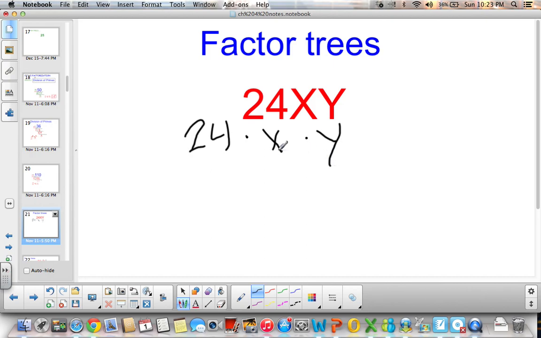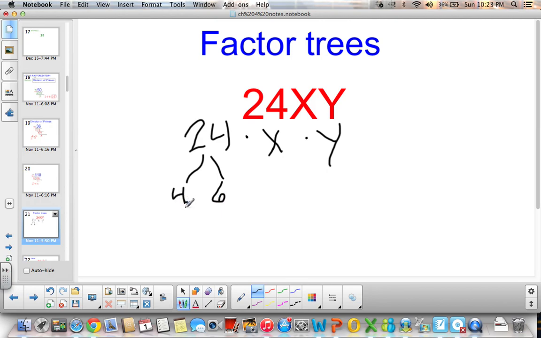We don't know what x and y are, so we're just going to leave x and y alone right now. And I wrote it out as 24 times x times y because a number with a variable means multiplication. So then we factorize out 24, so we have 4 and 6, and I'm going to do this really fast.